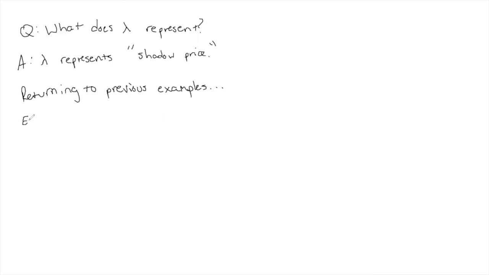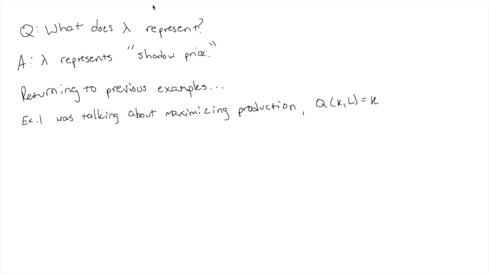Returning to previous examples, example 1 was talking about maximizing production Q equals K squared L cubed with respect to a fixed budget. 4K plus 5L equals 1, right?